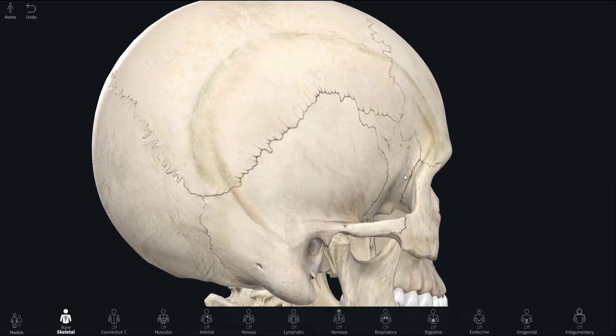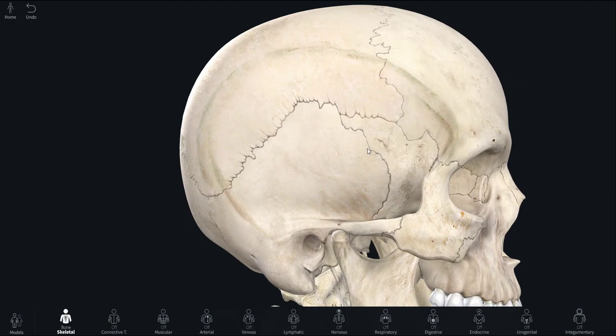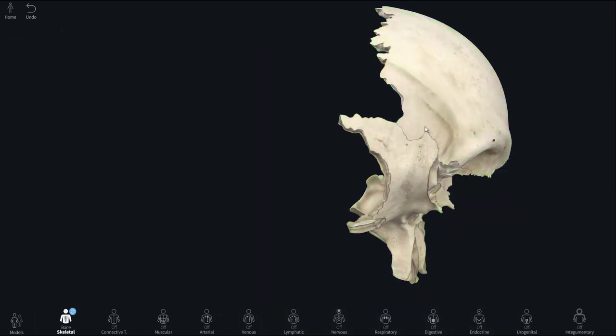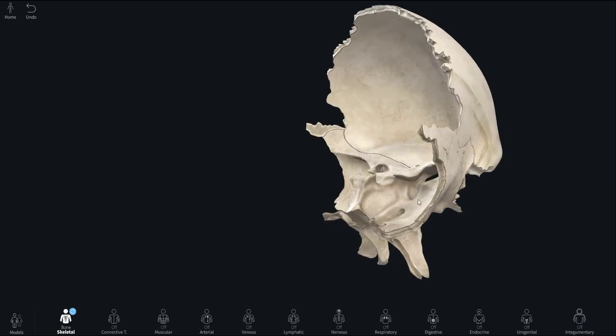So let's see how internally this looks. This is how it will look, the articulation, if we have removed the other bones. This is the sphenoid bone, obviously. We will talk about it later in a future video.